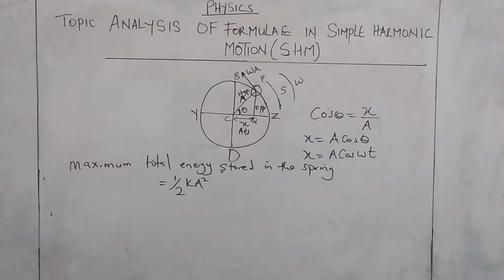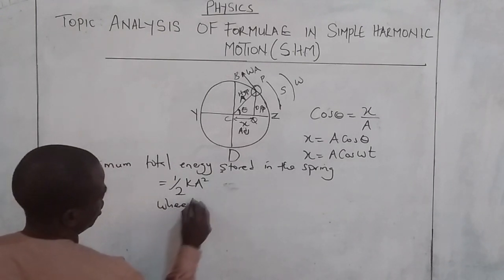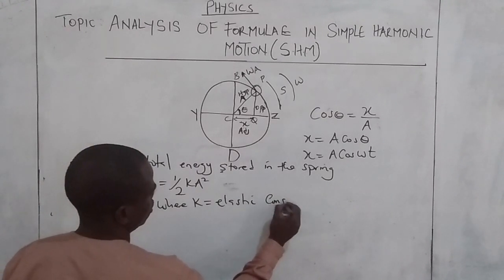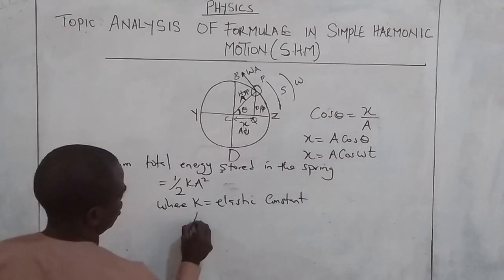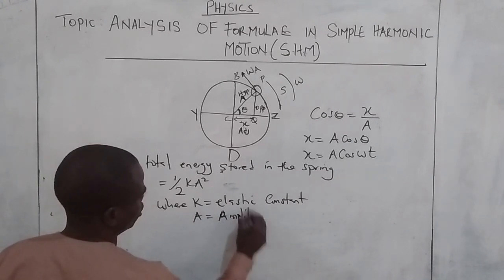The maximum total energy stored in the spring equals half Ka squared, where K equals the elastic constant, and A equals the amplitude of the motion.